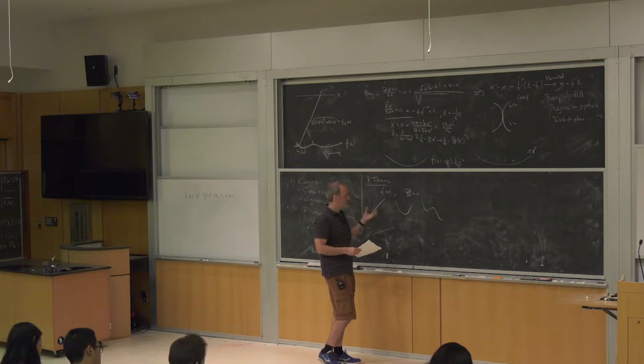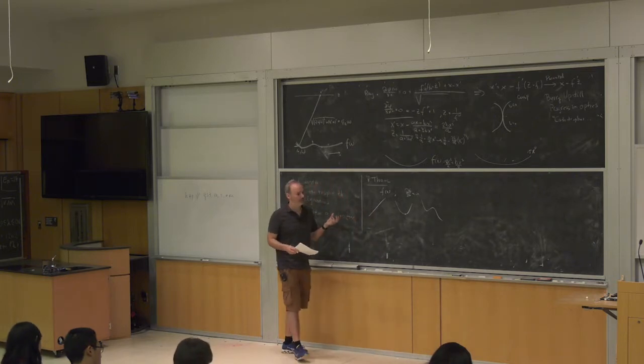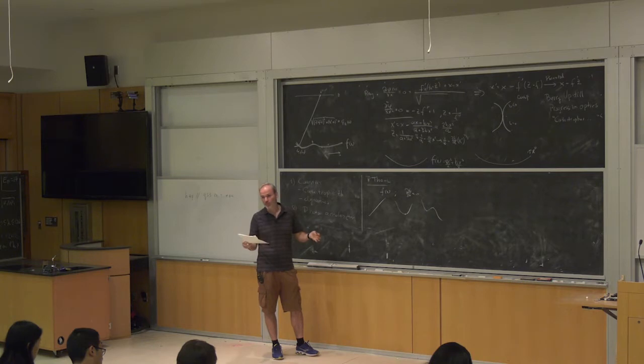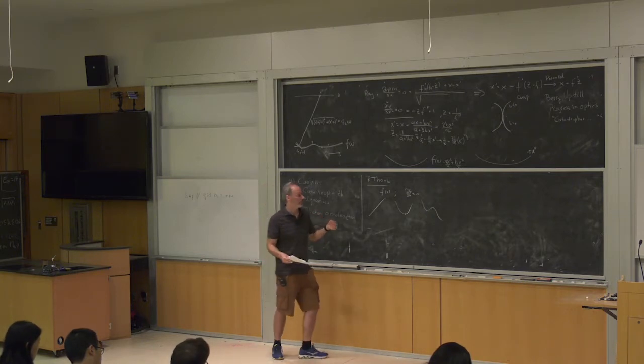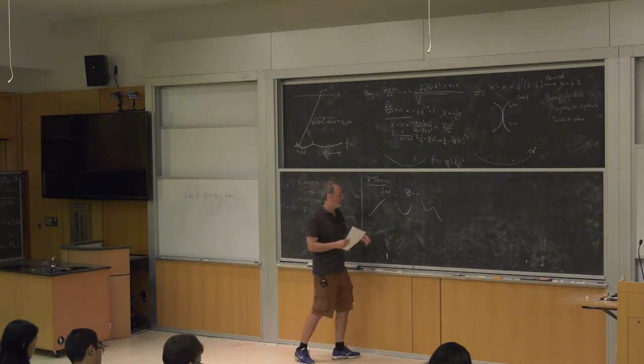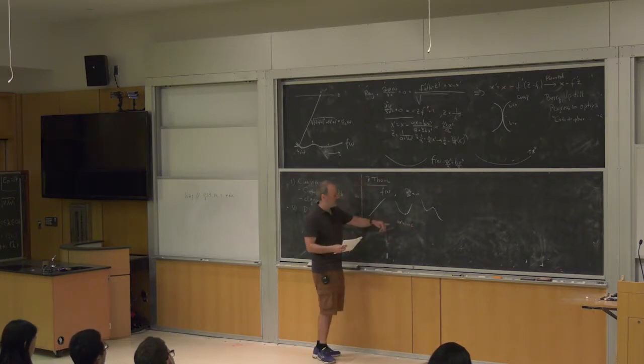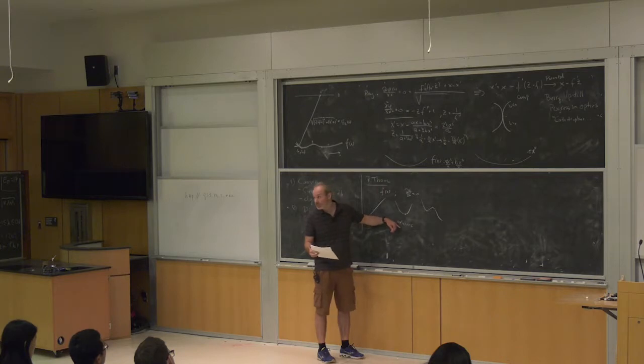Okay, so catastrophe theory basically asks the question: what are the possible types of evolution of the extremal points as I change parameters of my system? So for instance, to be specific, the first non-trivial case, say ax squared plus bx plus c, and I start varying the parameters a, b, c.